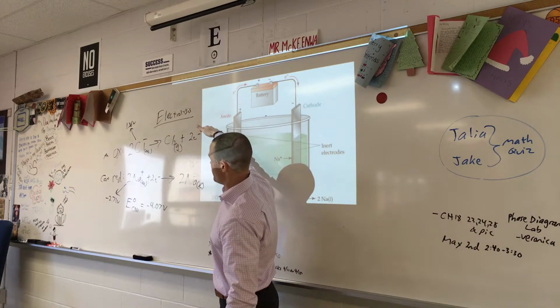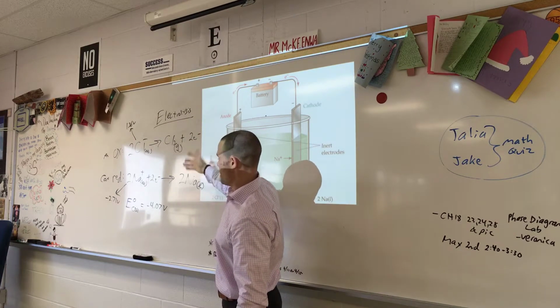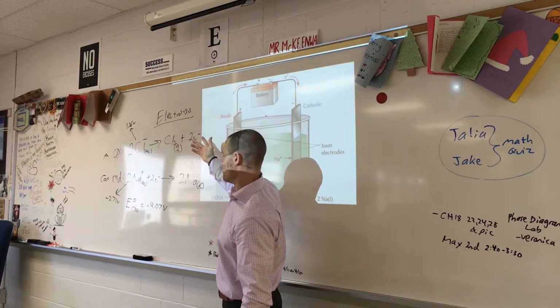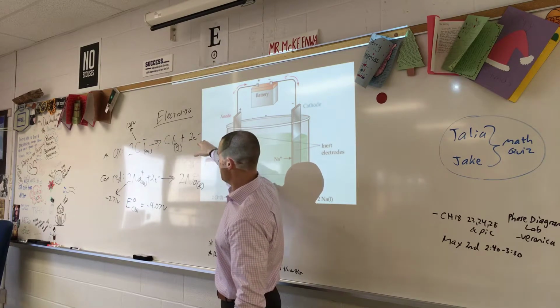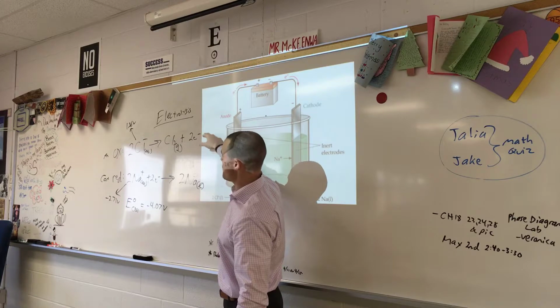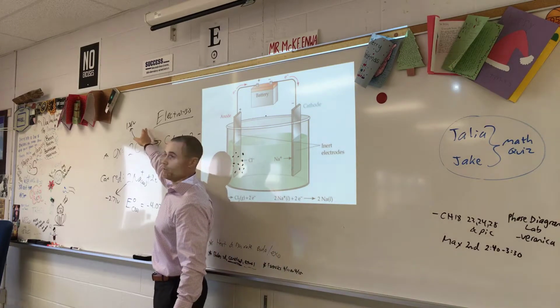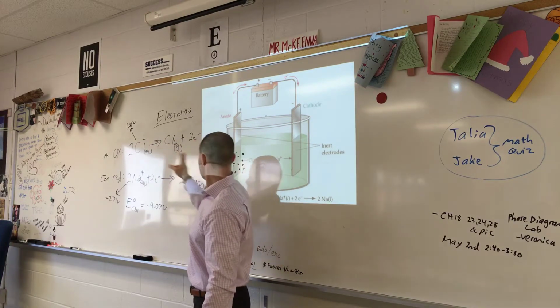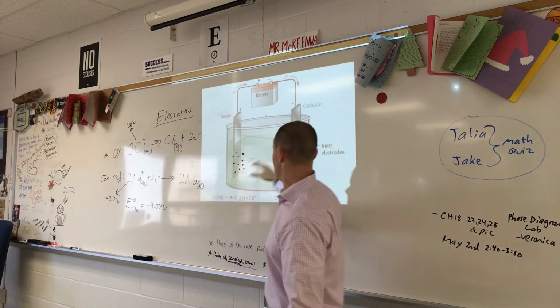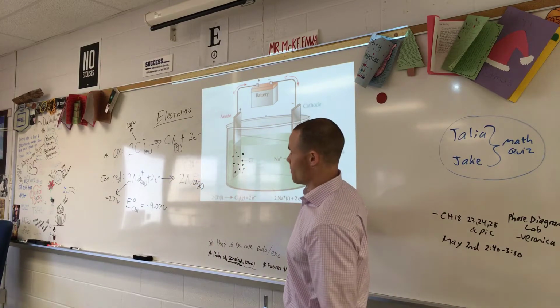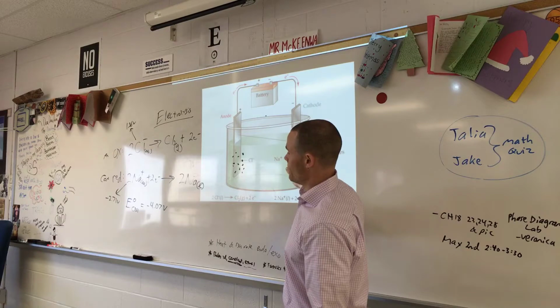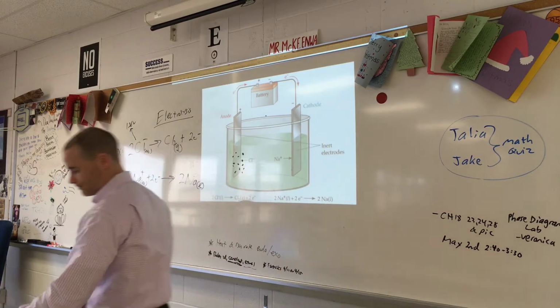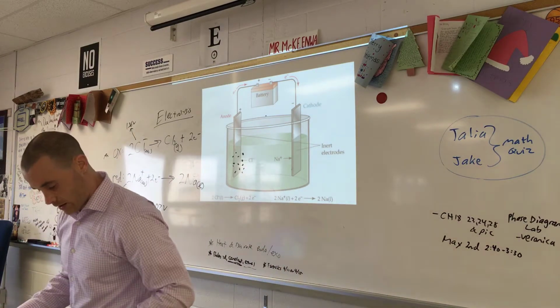So the way I teach it, and some kids don't like how I word it, so it's up to you, is the more positive voltage is going to be your oxidation, and the more negative voltage is going to be your reduction. That's just how I remember it, so that's how I teach it. That's how I write it down.